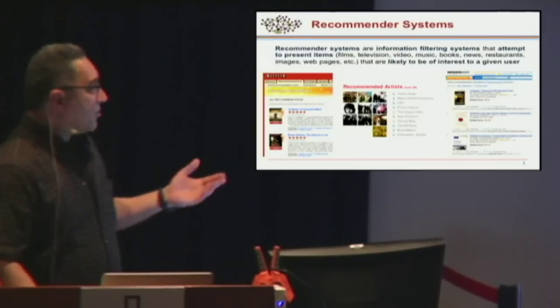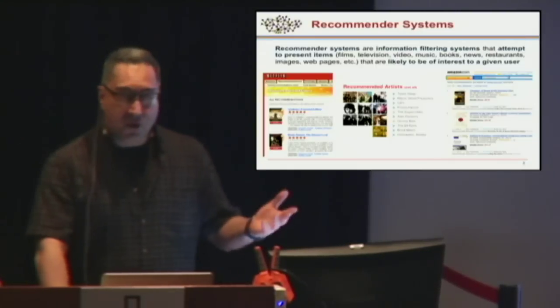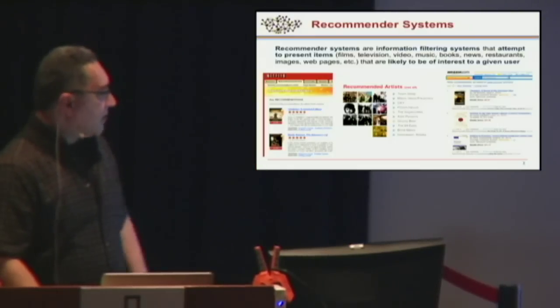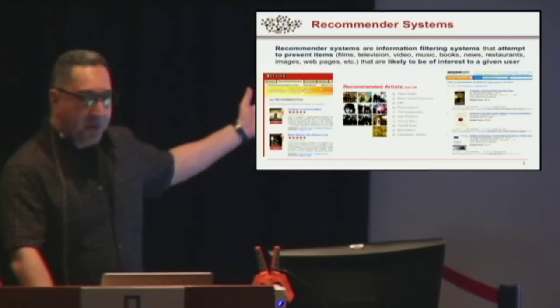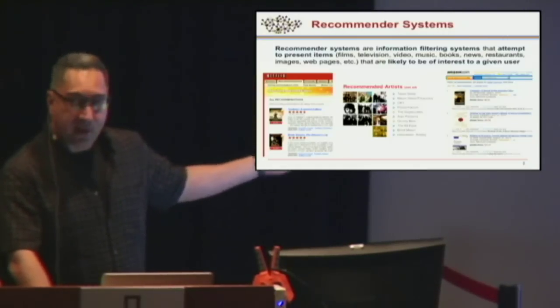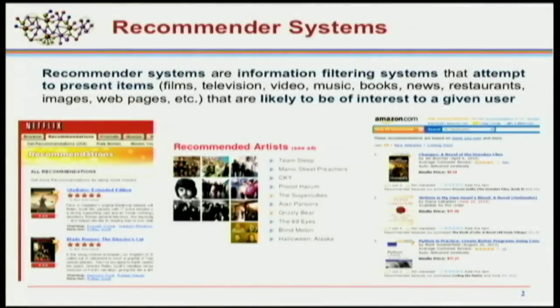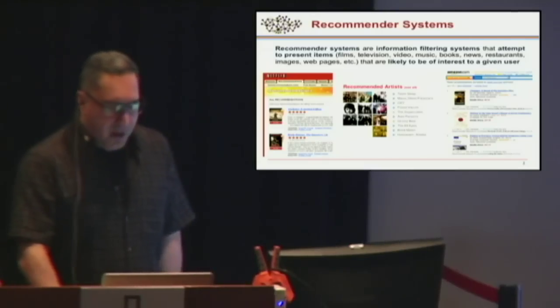Recommender systems try to recommend books, video, TV shows, news, songs, etc. You can see some examples of the more common ones people use these days: Netflix, Amazon recommenders, which have been around for a long time, and music recommenders such as Last.fm, Spotify, etc.